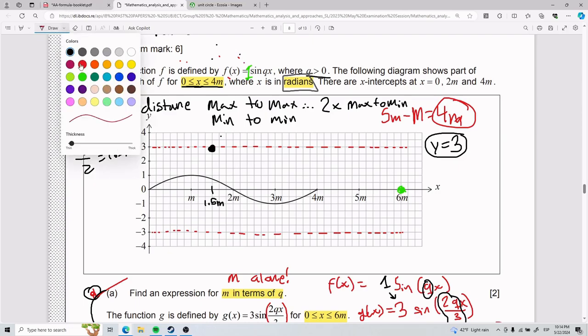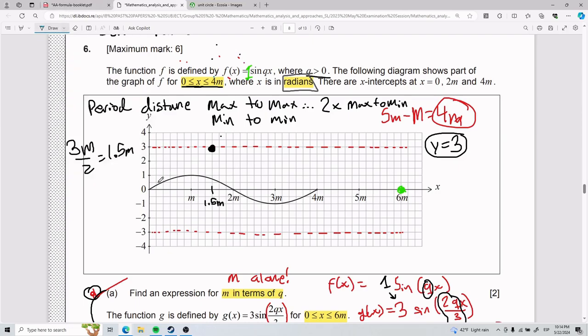From here, my function for g of x is going to look initially like this, and now we need to see where it might touch the x-axis. To further understand that, let's take the following idea.